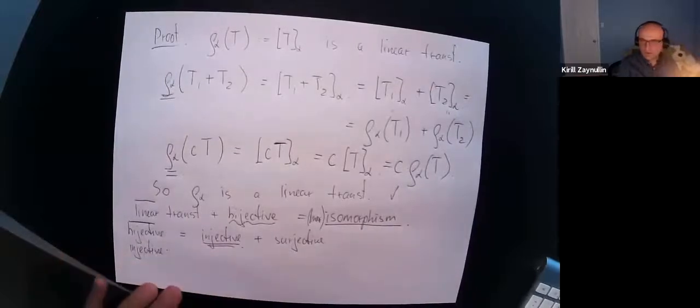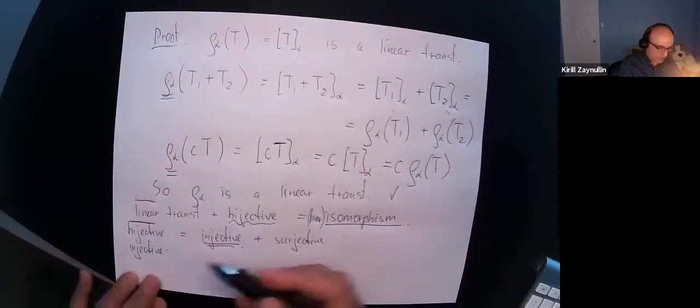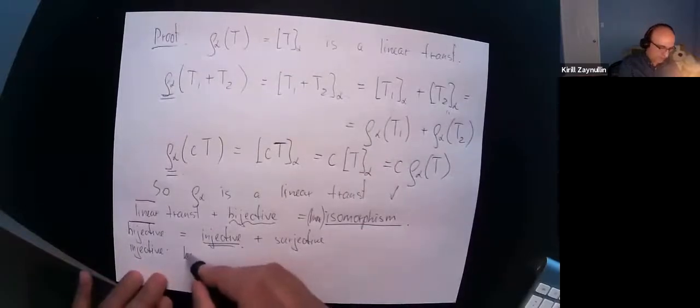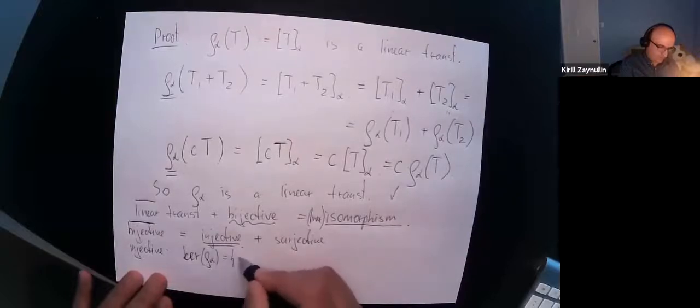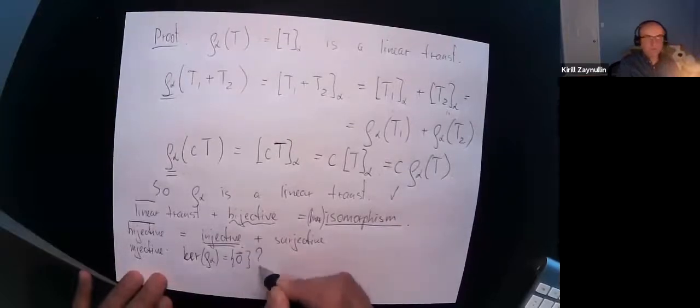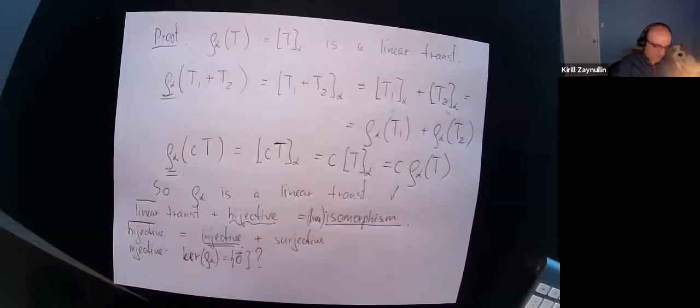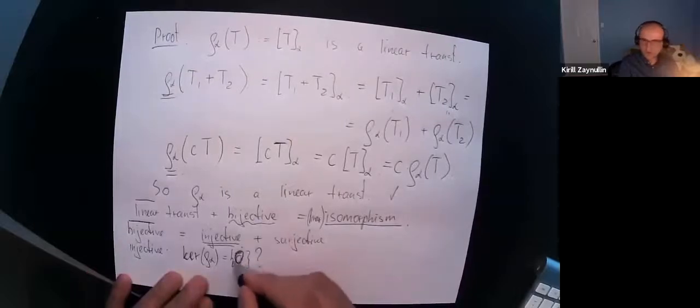Let's see why it's injective. Basically, we just need to show that the kernel of rho alpha is trivial, right? Why does it give us only the zero linear transformation here?